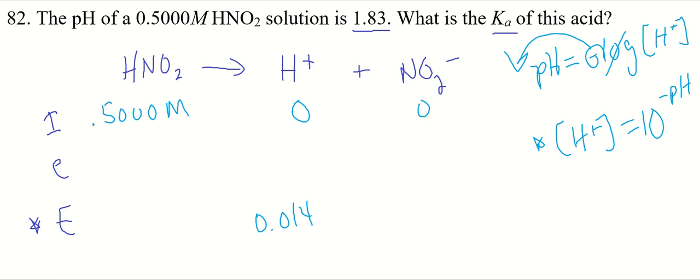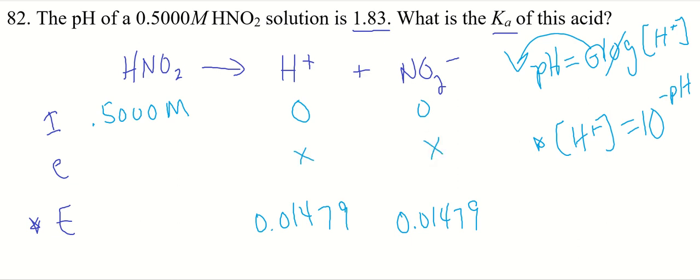Let's get one more digit there: 0.01479. All right, the mole ratios are all ones, so that means we also have at equilibrium 0.01479. So that must have been the change.